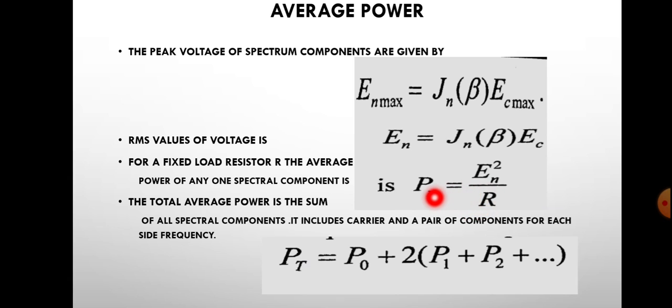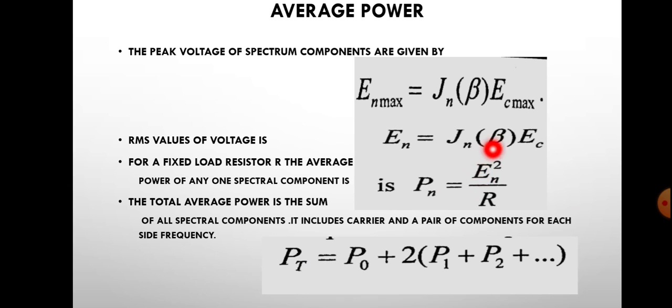So in terms of the RMS value of the voltage, the power Pn is equal to En square by R, where Pn is the power associated with the nth sideband and En is the RMS value of the voltage. The total average power in the case of FM contains the sum of all spectral components.